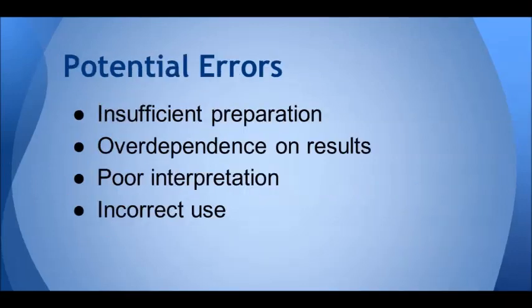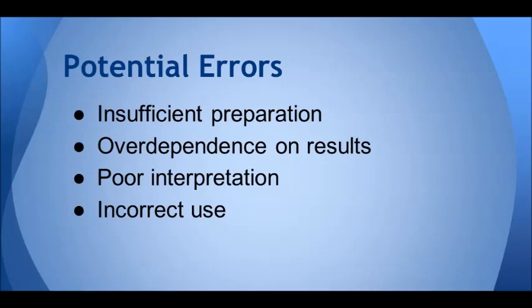Potential errors. These are things we want to be on the lookout for as we use and interpret assessments. Insufficient preparation. We need to make sure that our clients know what to expect before, during, and after assessments, and what the purpose of the assessment is. What is the information we're gathering going to be used for? We really want to help them understand before they take the assessment what it's all about.